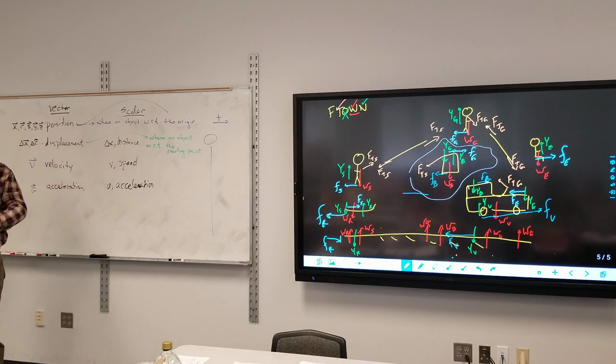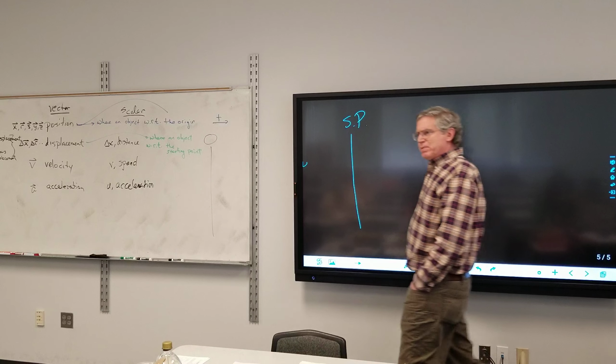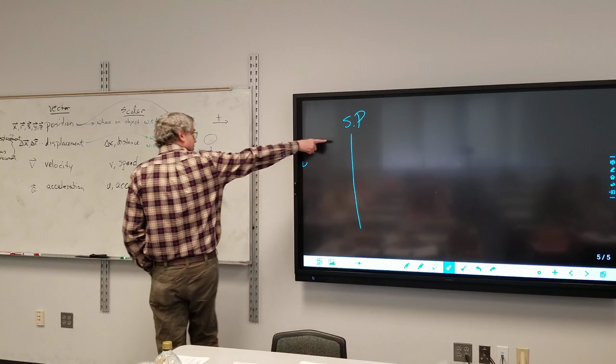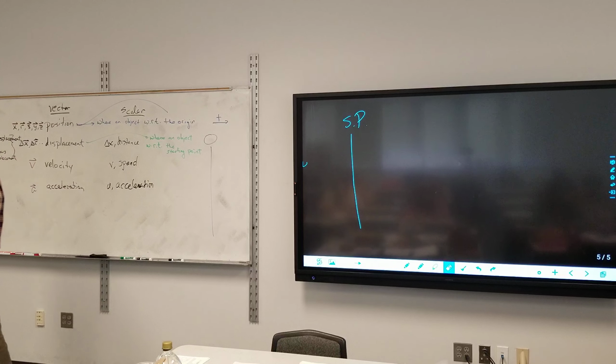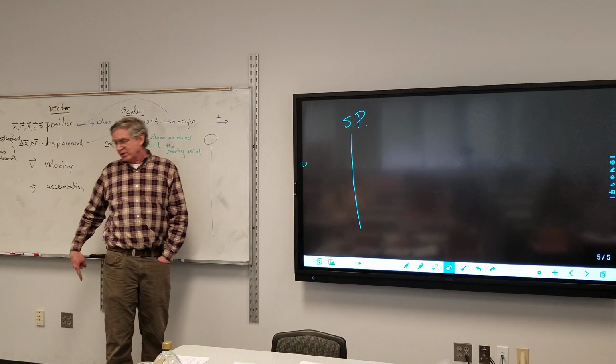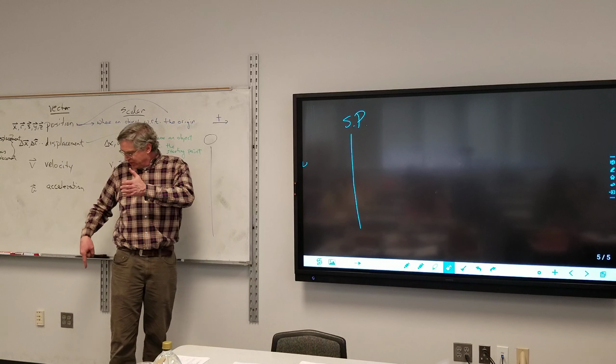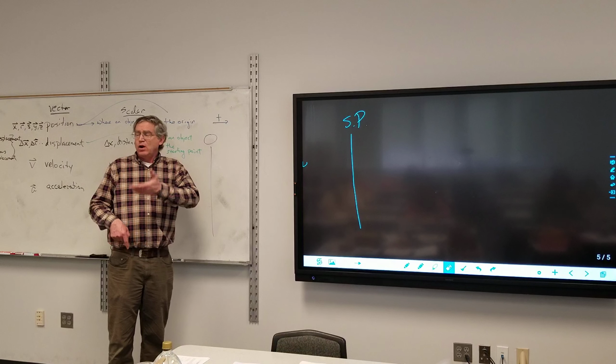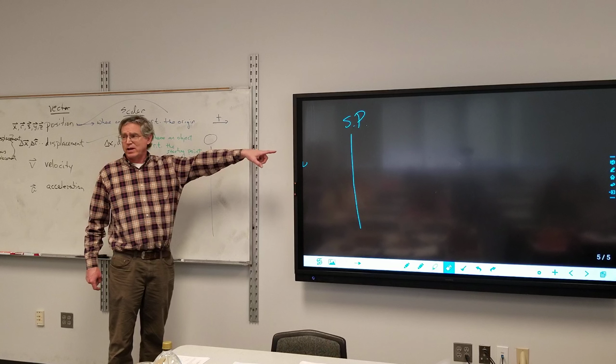And the difference is, as I'm walking back and forth here, my overall displacement depends upon where I am relative to that starting point right there. That's overall. My instantaneous is where am I relative to where I just was. So as I'm walking this way, my instantaneous displacement is positive because I was just there. So in that moment, I started there and now I'm here. Overall displacement, well, I'm still on the negative side of where I started.